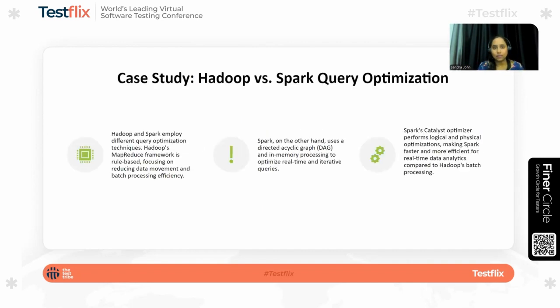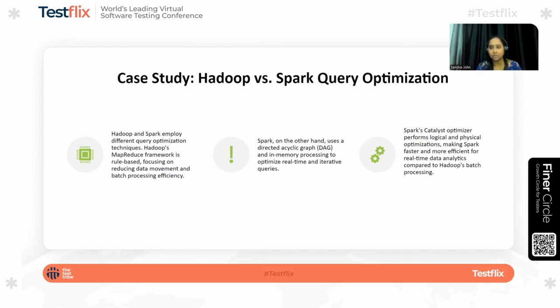This is a case study of Hadoop versus Spark query optimization. Hadoop and Spark employ different query optimization techniques. Hadoop's MapReduce framework is more rule-based. It is more rigid, focusing on reducing data movement and batch processing. Whereas Spark, on the other hand, uses directed acyclic graphs and in-memory processing. This optimizes real-time and makes queries more iterative.